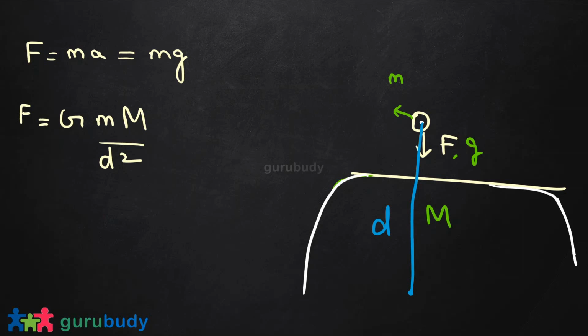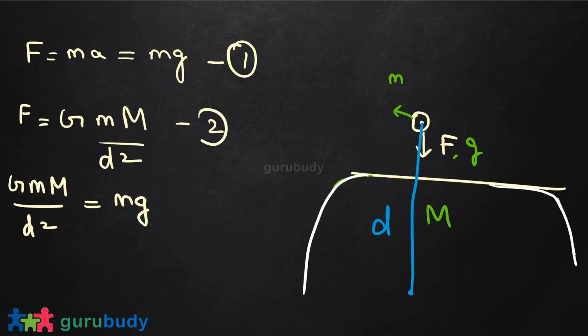I can write G M m by d squared is equal to m g, from equation 1 and equation 2. There is an m on both sides, so I can cancel the m out. So g would be G M by d squared.